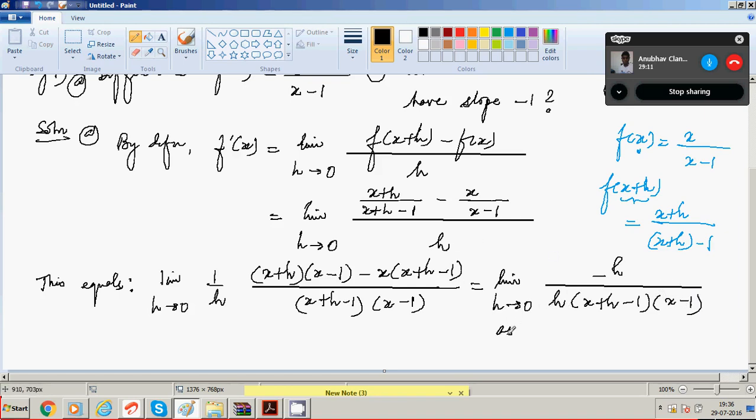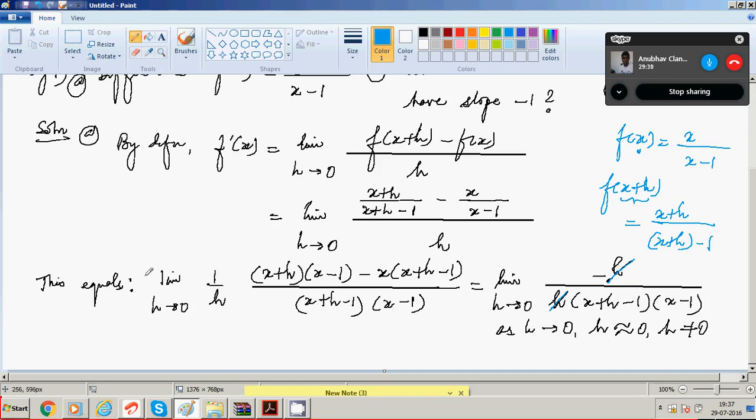So as h tends to 0, h is very near 0, but h not equal to 0, so we can divide both numerator and denominator by h.